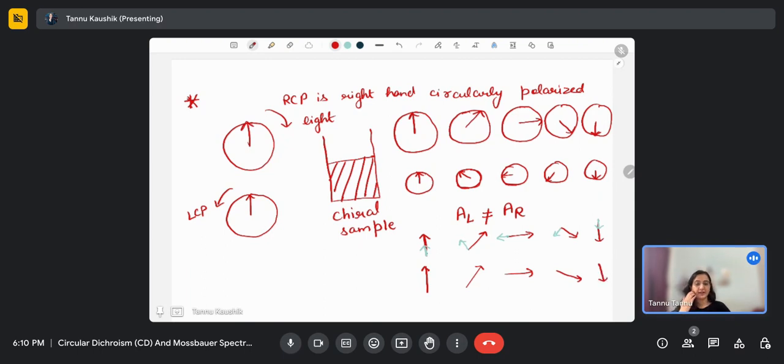The resultant polarized light we get out of this chiral sample is not only optically rotated, but we also observe a decrease in its absorbance.